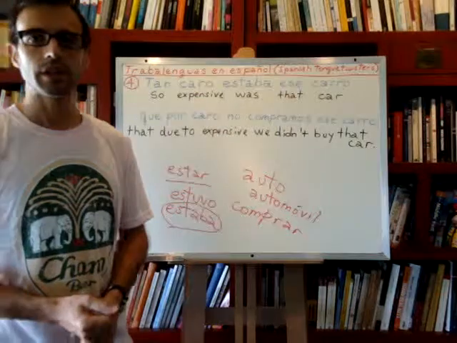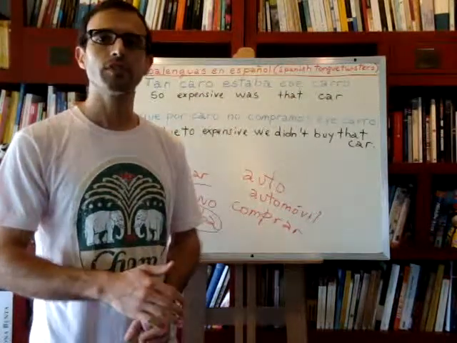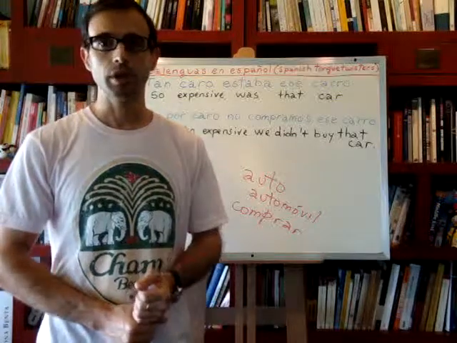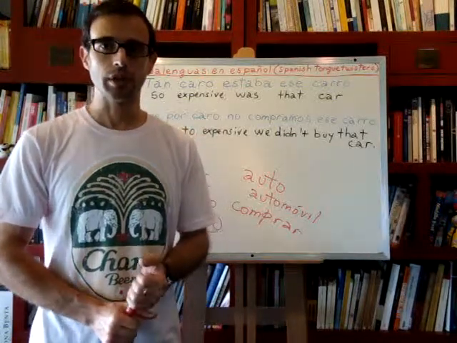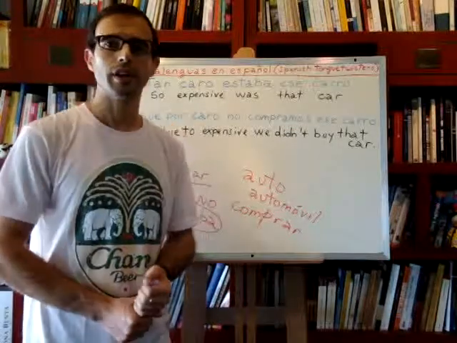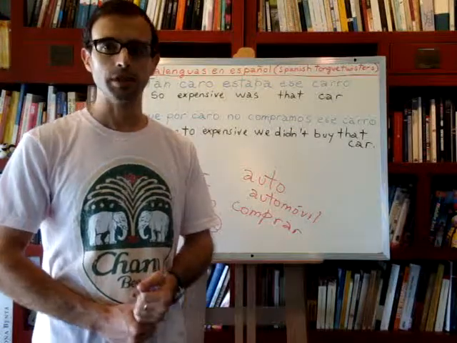I recommend you to practice this tongue twister. It will really help you loosen your tongue in order to pronounce Spanish sentences and words, and little by little to speak better, okay?